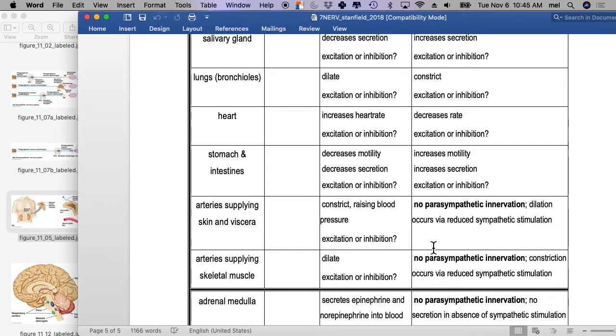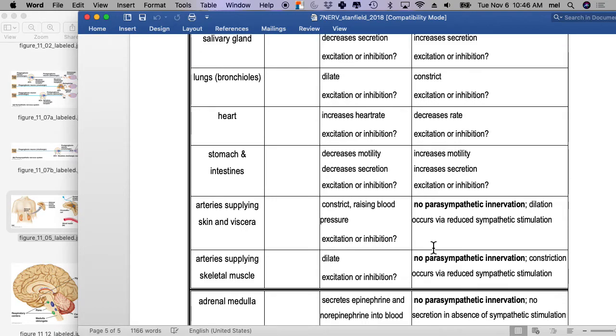Vessels anywhere in your body have no parasympathetic innervation. Here is how you do sympathetic versus not sympathetic with the nervous system. With vessels, you always have some baseline sympathetic stimulation that gives you tone. When there's a tiger in the room, you have more sympathetic stimulation. When there's no tiger, you have less sympathetic stimulation. There's no parasympathetic innervation. So this is like the exception to the sympathetic parasympathetic rule.